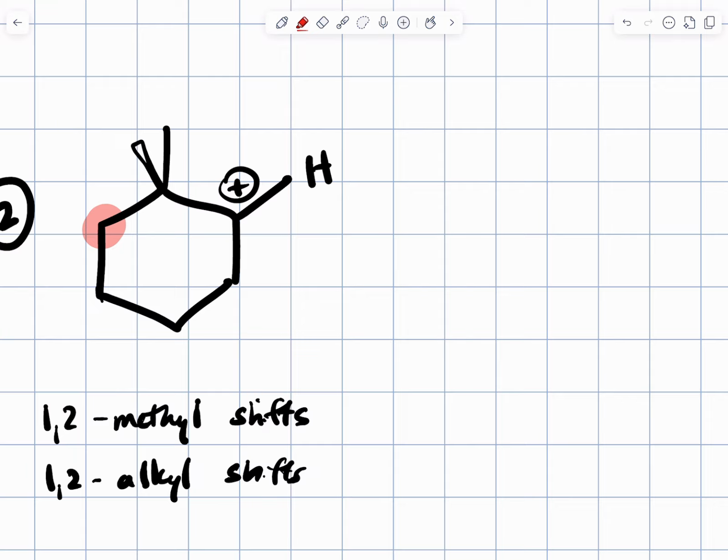Maybe the molecule would need to twist around so that this was a wedge, or a dash instead of a wedge. We're talking about minor rotations around carbon-carbon bonds. But yeah, this carbon-carbon bond can totally overlap with the empty p orbital that's on the adjacent positively charged carbon. It starts to lean over, and then it's going to form a new bond.